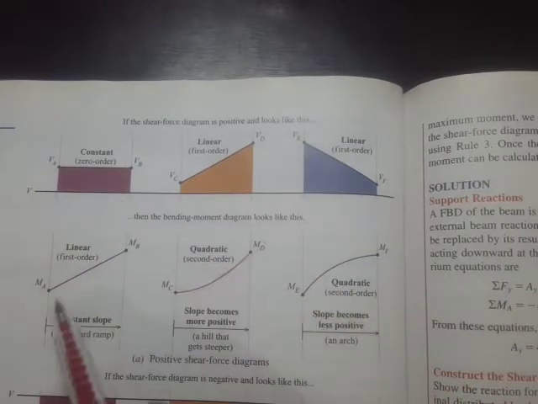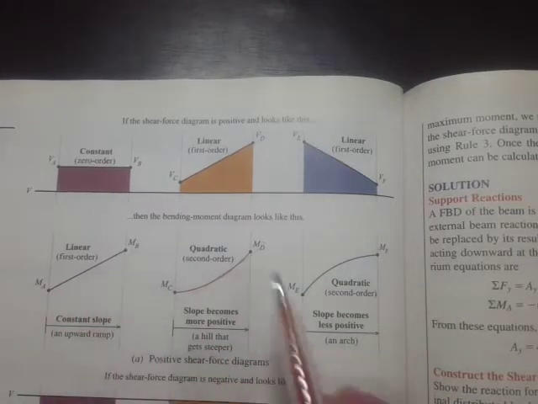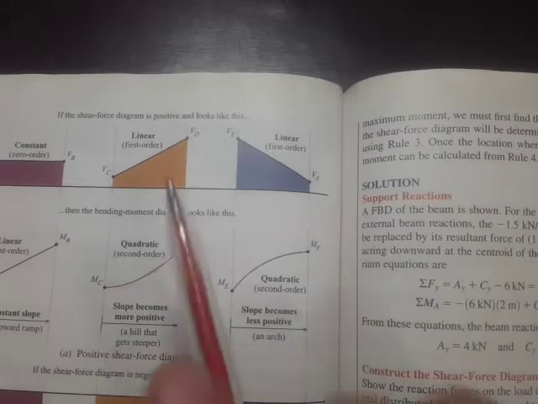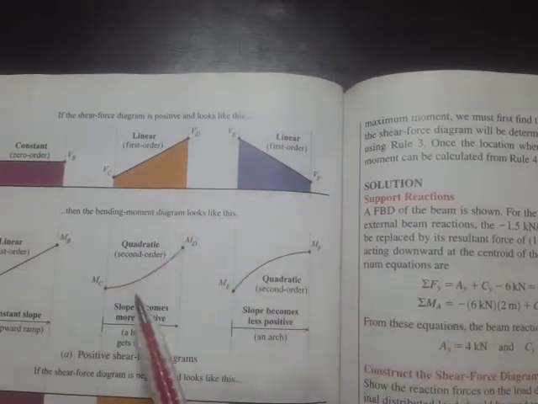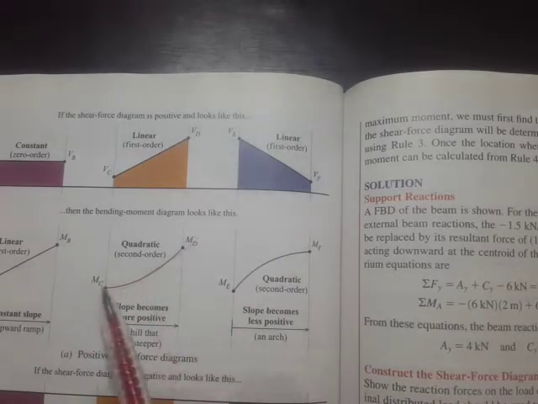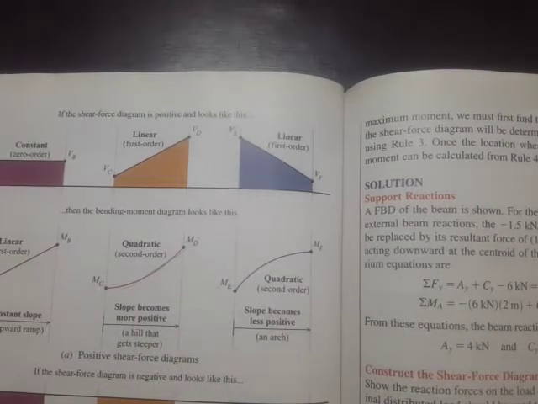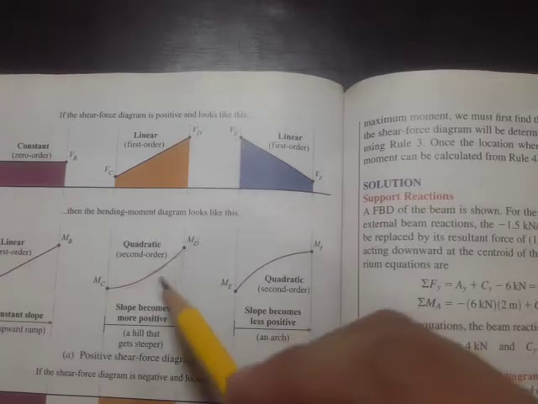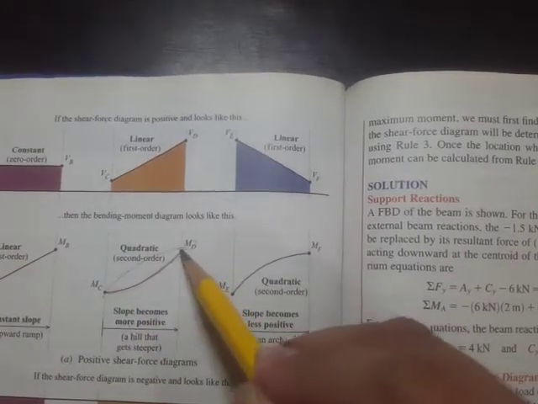This one is zero order, so the moment will be first order. That's linear. But if our shear is linear, then the change in the moment would be second order. That's going to be quadratic. And the quadratic portion, how do we know if it's this one or this one?